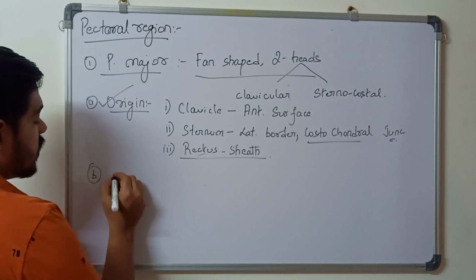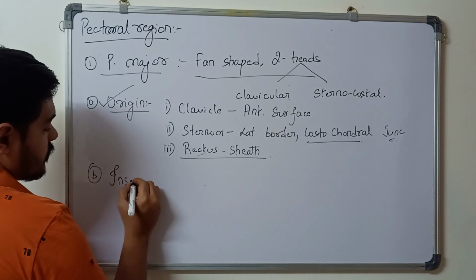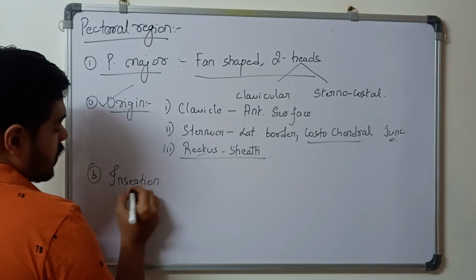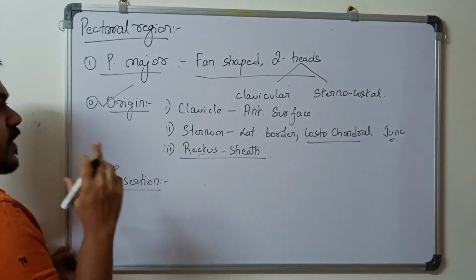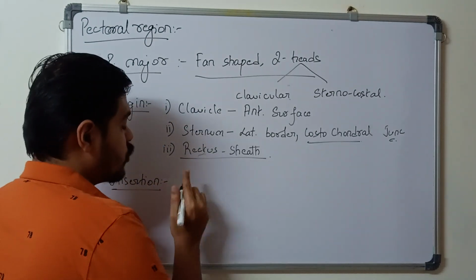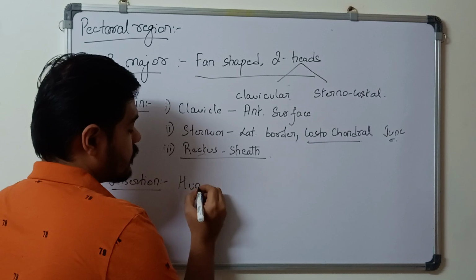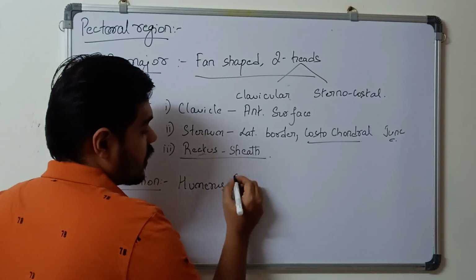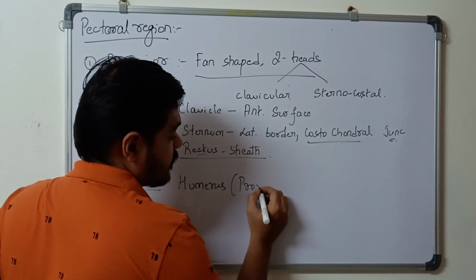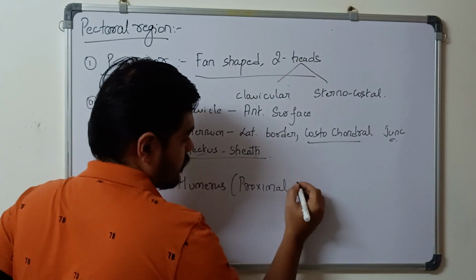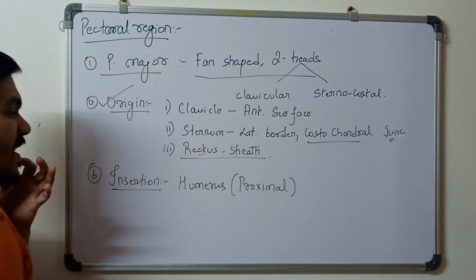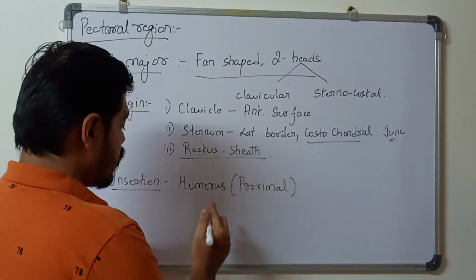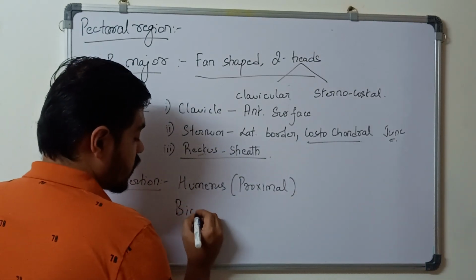Now, coming to the insertion. The pectoralis major inserts into the humerus, the proximal part to be specific. Now, where exactly in the humerus? There is something called the bicipital groove in the humerus.